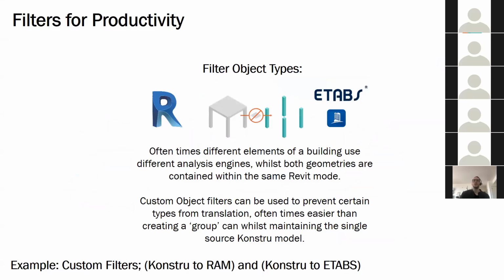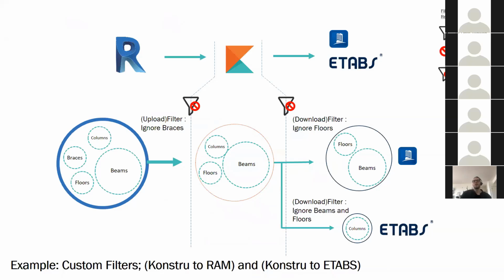You can also filter object types that are used by different analysis engines. Custom object filters can be used to prevent certain types from translation, oftentimes easier than creating a group, while maintaining a single source Konstru model. Again, a simpler diagram saying download, ignore floors: this will take a filter, and it takes the floors and beams, and then you can have another filter that says ignore beams and floors.